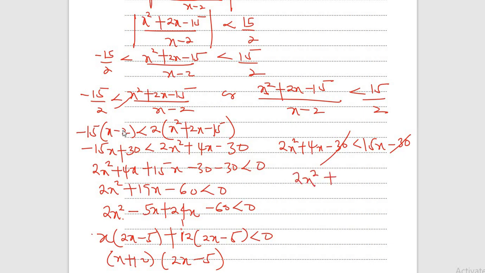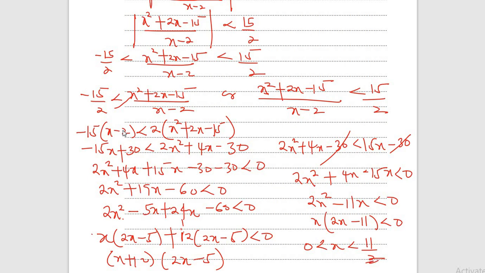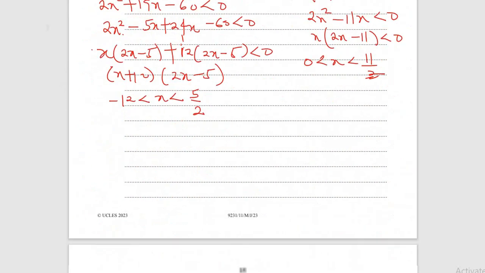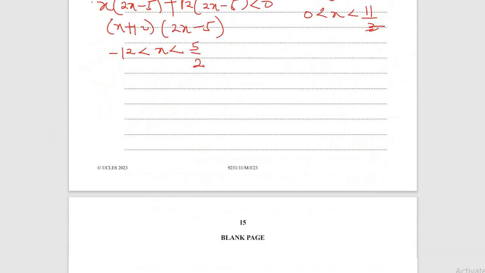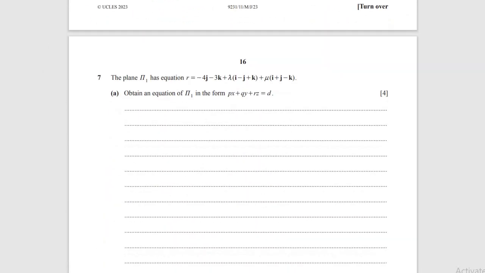We have 2x squared plus 4x minus 15x less than 0, so 2x squared minus 11x less than 0. X into bracket 2x minus 11 less than 0. So 0 less than x less than 11 over 2. So find the set of inequality of x. This is the set of inequality of x.